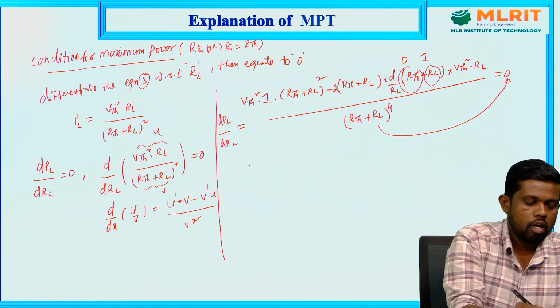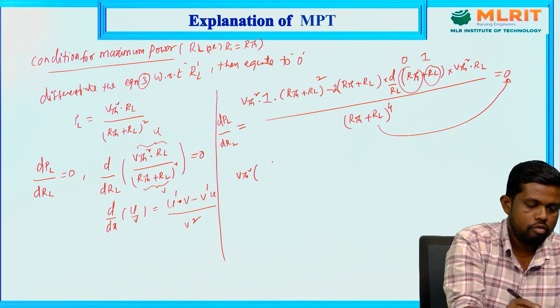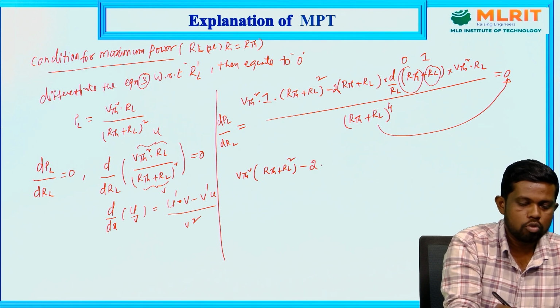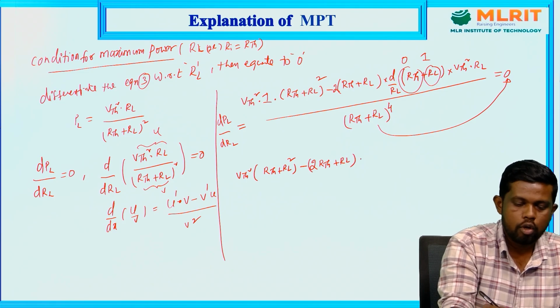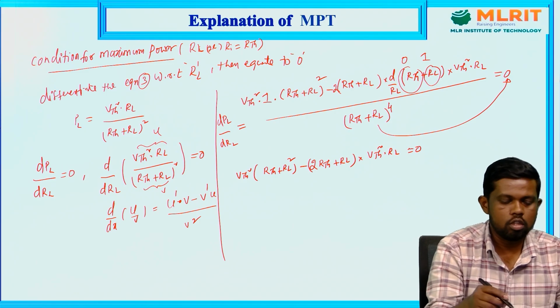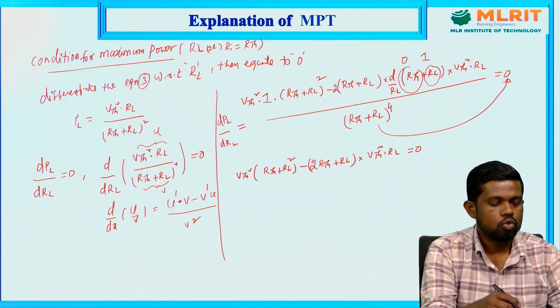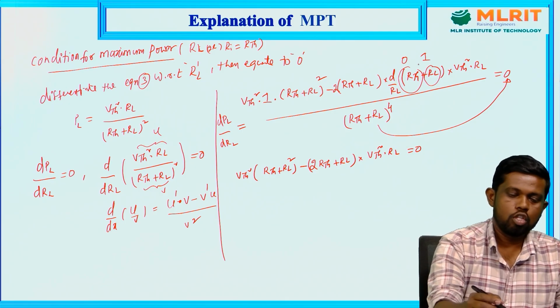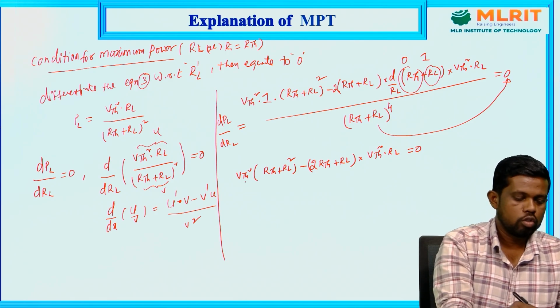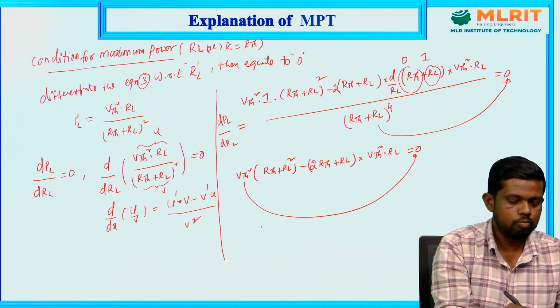So we take VT square common from the remaining terms in the numerator: (RTH plus RL) whole square minus 2 times (RTH plus RL) into VT square into RL equal to 0. After the simplification we are left with only these terms, because this one becomes 1 and the other terms become 0. The VT square goes to the right side and we get 0.